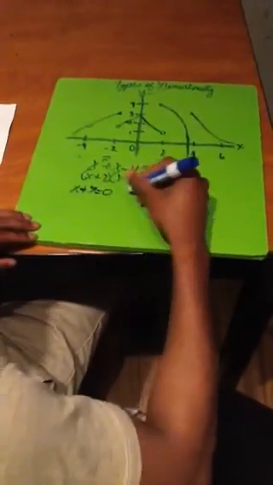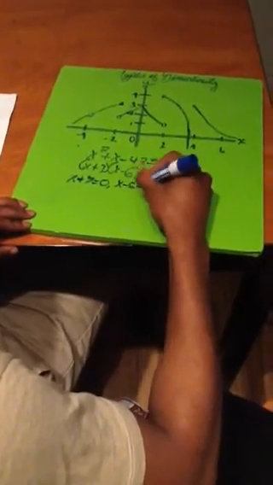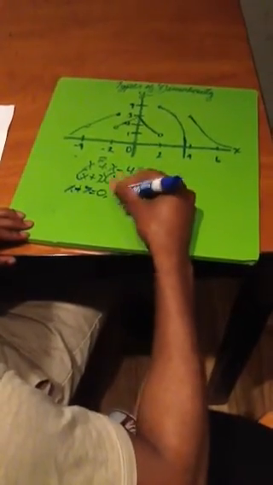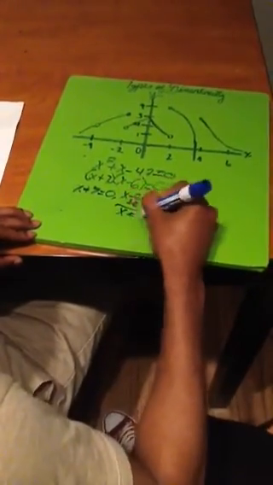Now I'm going to set both of these separately equal to 0. So x plus 7 equals 0, and x minus 6 equals 0. I'm going to add 6 to both sides. x equals 6. I'm going to subtract 7 from both sides.